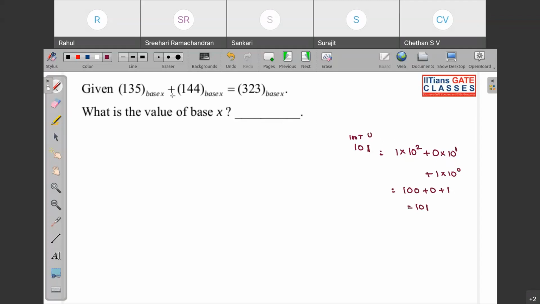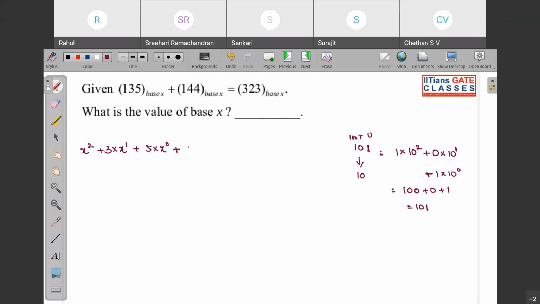Same for base x also. Here your base was 10, here your base is x. So if I want to write this number in this format, it will be 1 into x squared plus 3 into x to the power 1 plus 5 into x to the power 0.